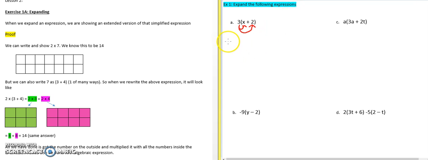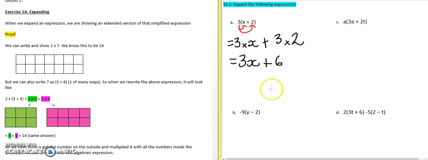So this will be equal to whatever 3 times x is, plus whatever 3 times 2 is. All we have to do is a bit of algebra tidy up. 3 lots of x is just written as 3x, a number next to the letter, and 3 lots of 2, in this case, is just 6. And that's all there is to it.